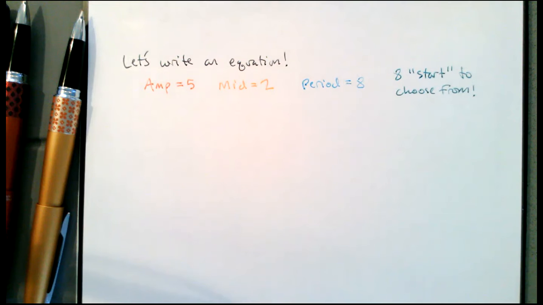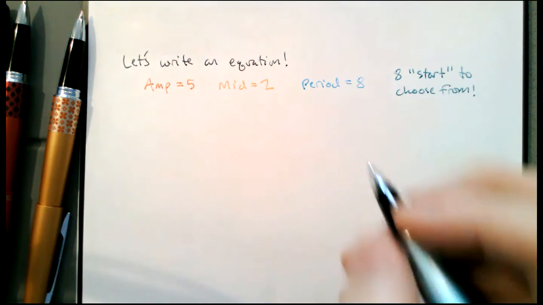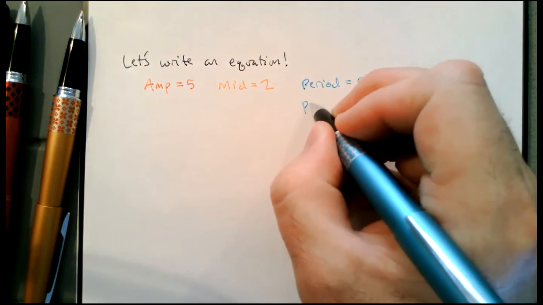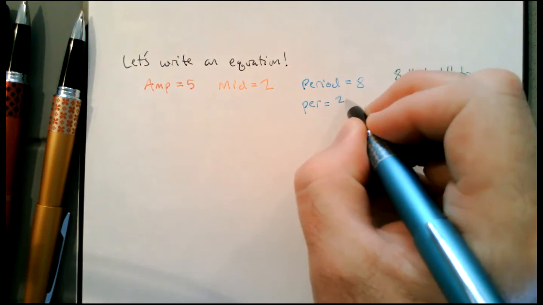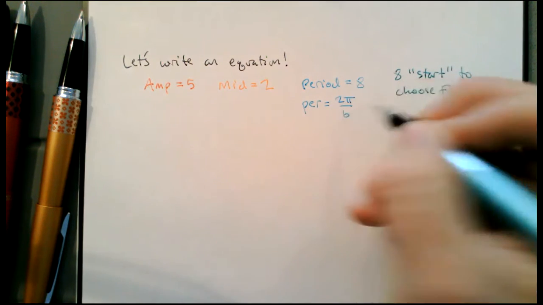Now I need to drop these numbers into an equation. The period is 8, but 8 is not the number that goes into the period. Remember that the period is 2 pi over the number that goes into the equation. So the period is 2 pi divided by b.